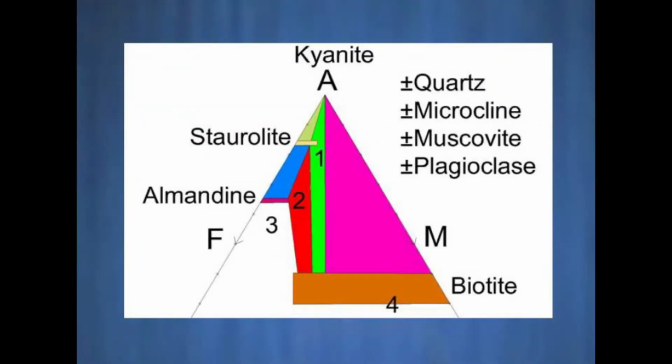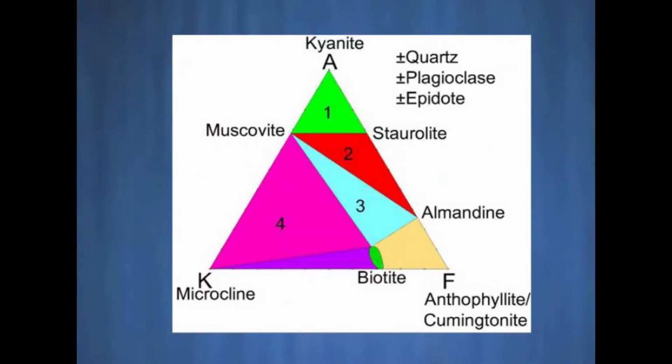Now, the fourth assemblage is kyanite, staurolite, biotite, muscovite, microcline, plagioclase plus or minus quartz, also known as kyanite-staurolite-biotite schist. Fifth assemblage is kyanite, biotite, muscovite, microcline, plagioclase, quartz, also known as kyanite-biotite schist.